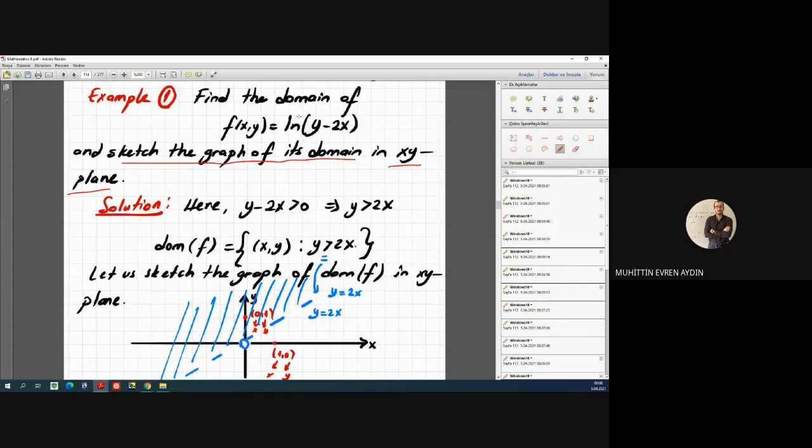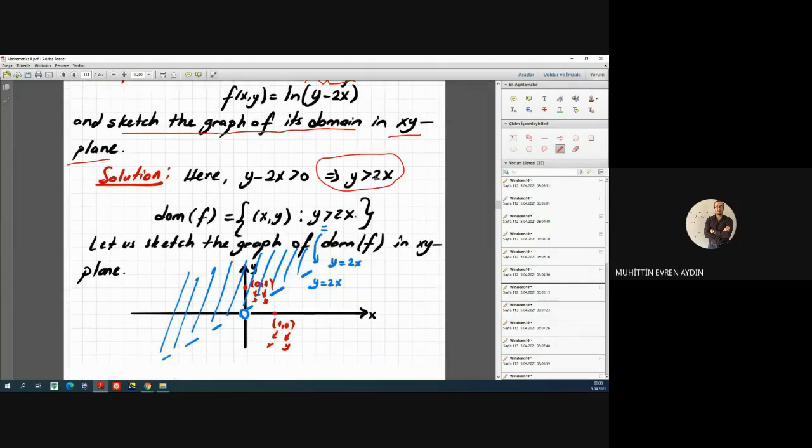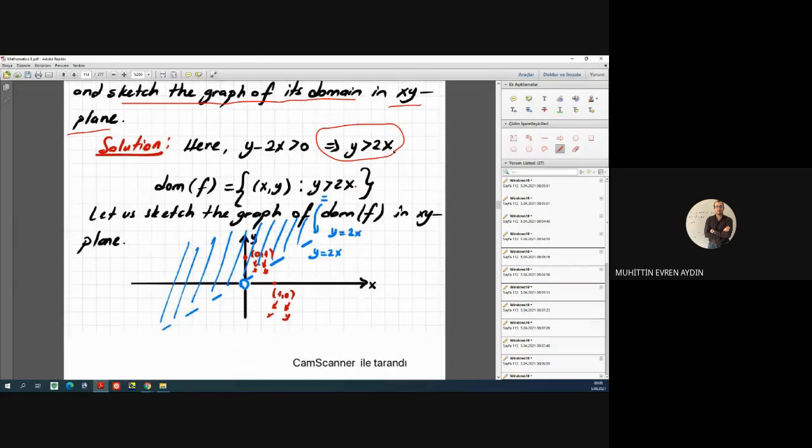As is known, this part must be positive. So we have an inequality y greater than 2x, and our domain is composed of the points (x, y) such that the second component must be greater than 2 times the first coordinate.